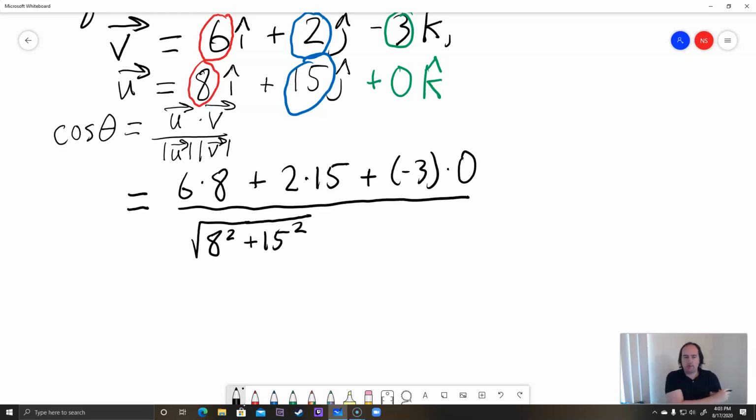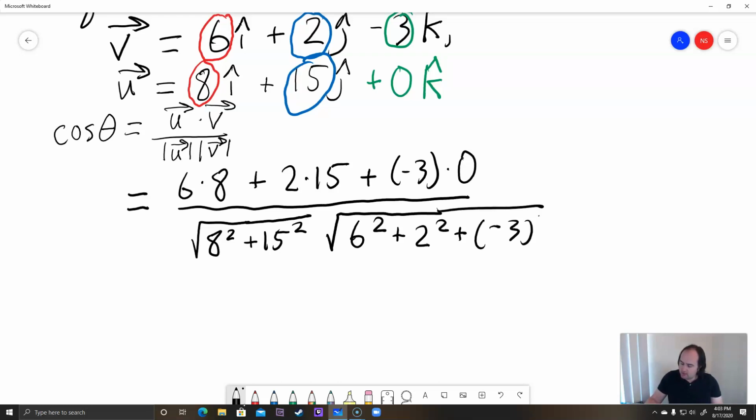And then for the length of v, we're going to have the square root of the sum of the squares. So that's going to be the square root of 6 squared plus 2 squared plus negative 3 quantity squared. Okay, so 6 squared plus 2 squared plus the quantity negative 3 quantity squared.